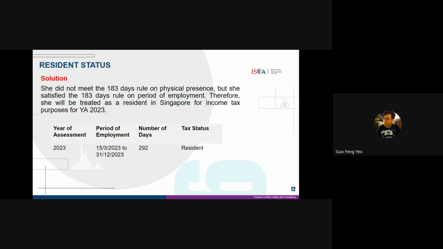However, she does satisfy the 183 days rule based on the period of her employment. Therefore, for YA 2023, Alice is likely to be treated as a tax resident of Singapore. So below is the working to explain how we came up with the assessment itself.